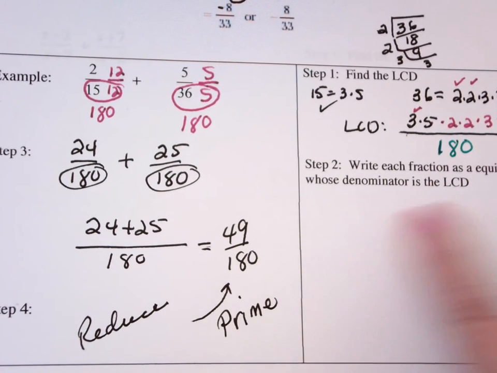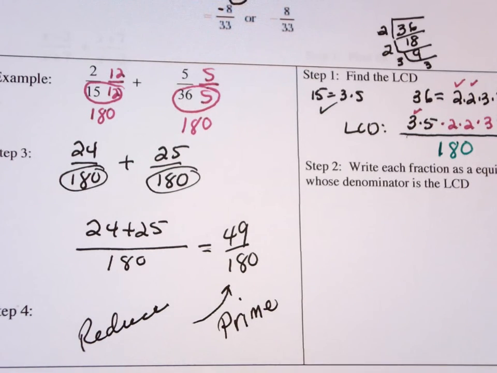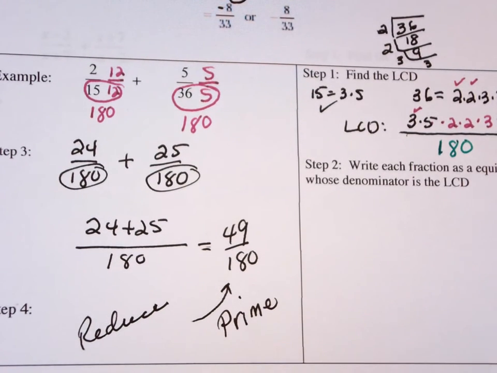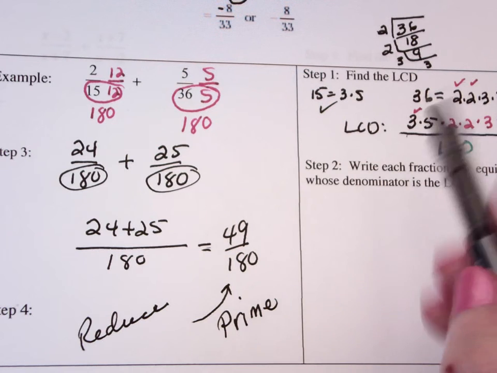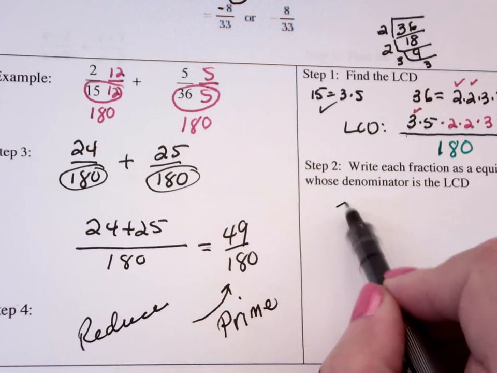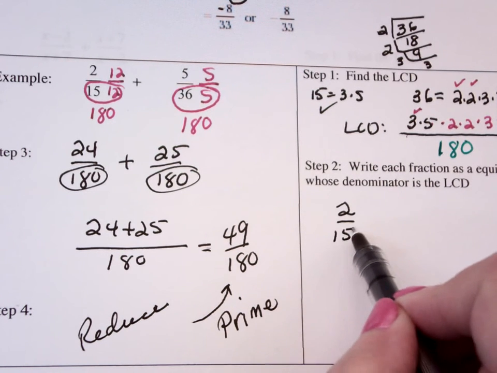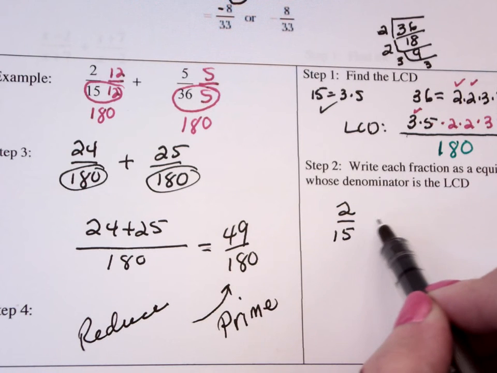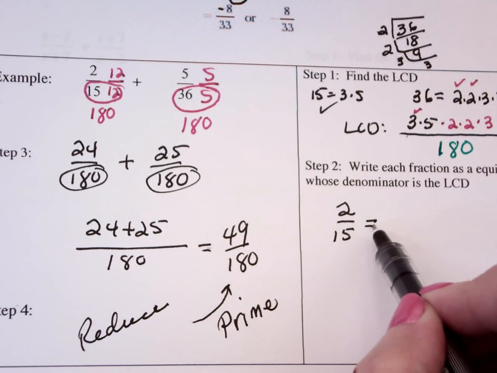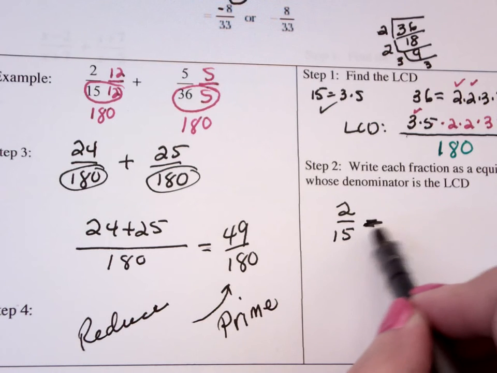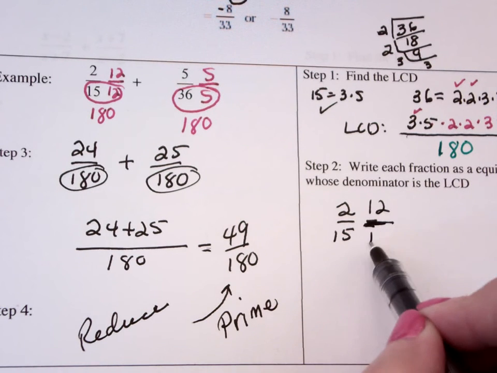Now what I didn't do here that I should have done, which I'll do in the next hour, is literally, it says write each fraction, is where you would take 2 over 15, and then you would turn that into something over 180 by essentially multiplying by 12 over 12.